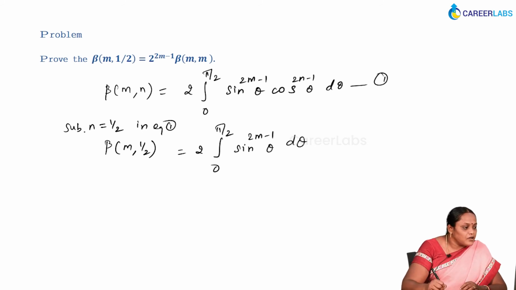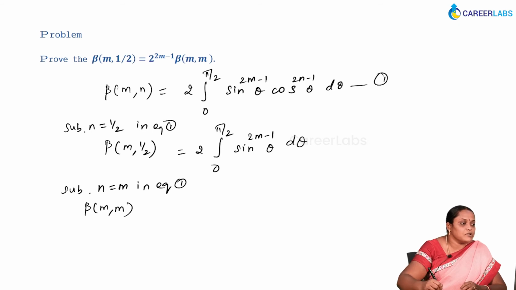In a similar way, now we are going to find what is beta of m comma m. If you want beta of m comma m, we are supposed to replace n by m in equation 1. Substitute n is equal to m in equation number 1. So this will be equivalent to 2 times integral 0 to pi by 2. This is sine. Let us combine these two.